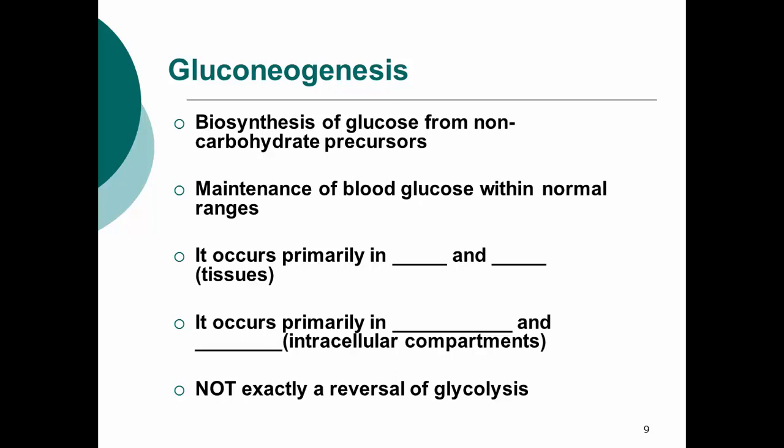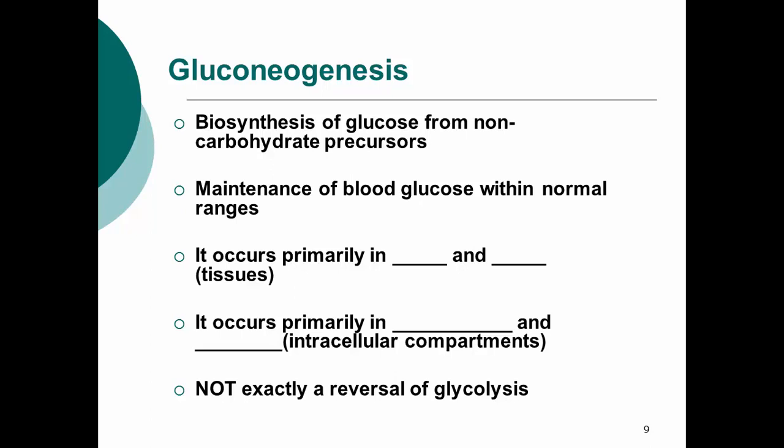Fasting, right? So during fasting, we try to maintain blood glucose level and not allow it to drop too significantly, right? We need to make glucose. But of course, the other pathway is important too. Glycogen breakdown is also an important pathway with a similar purpose, to maintain blood glucose level.